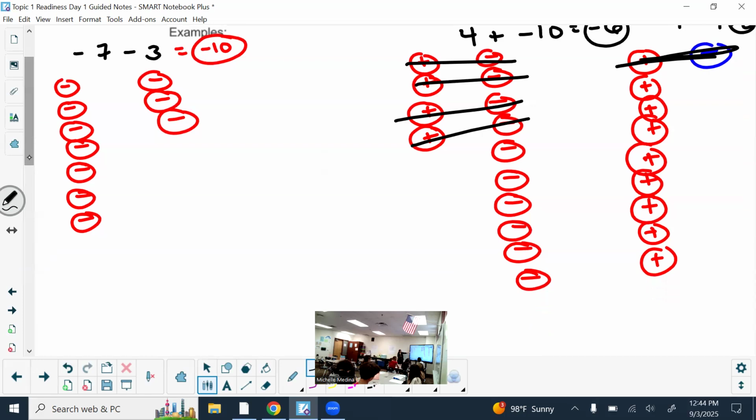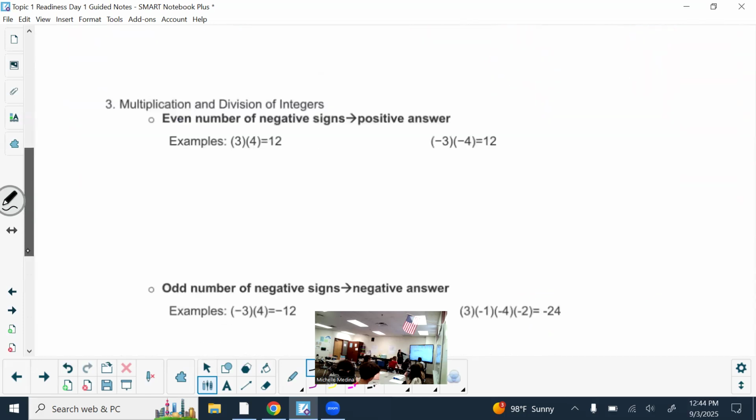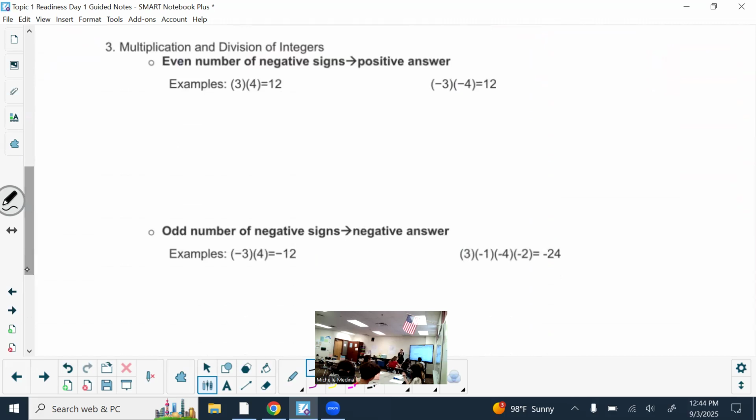Okay. So then moving on, we're going to talk about multiplying and dividing integers. Those have their own rules. For these, you need to count how many negative signs you have. And if it's an even number of negative signs, your answer will always be positive. What do we mean by even numbers?